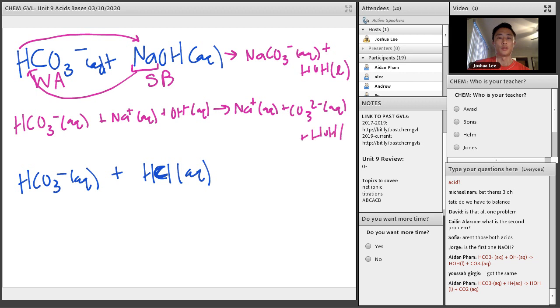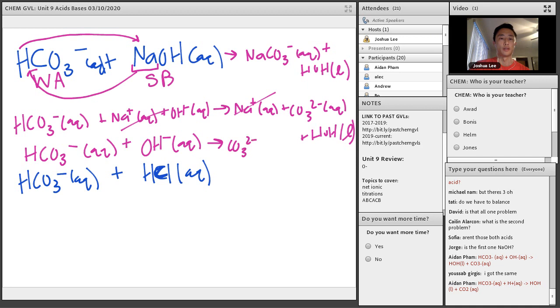HOH. Crossing is out. That crosses out. That crosses out, leaving us with HCO3 minus aqueous plus OH minus aqueous makes the carbonate ion and water.